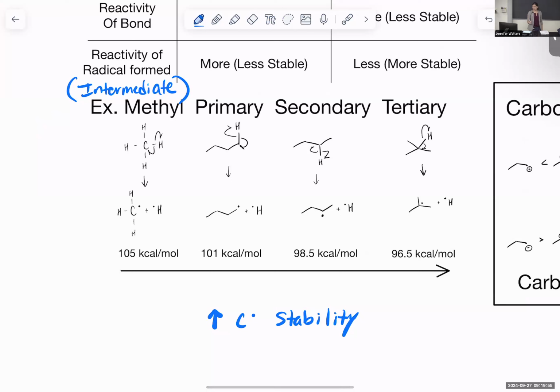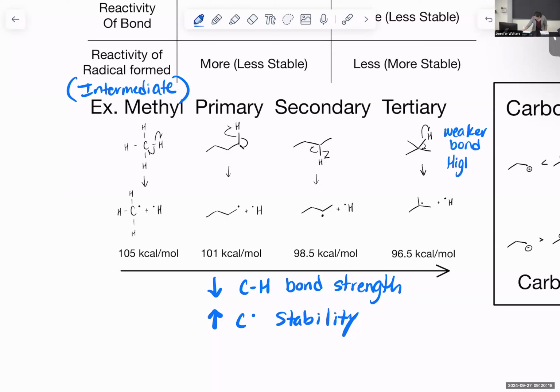But what that also means is that we are starting from the weaker bond. So it is the higher energy initially goes to that more stable, lower energy intermediate.